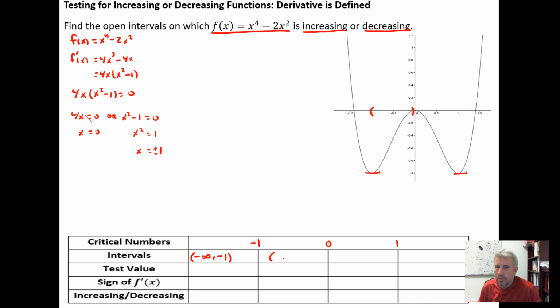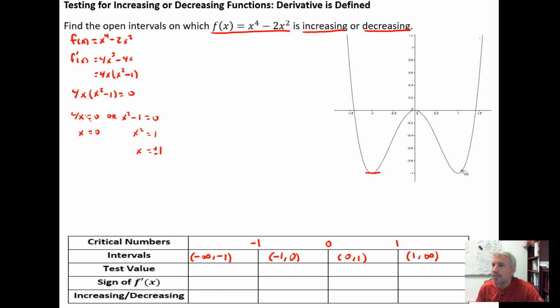So that creates the next open interval. We go from -1 to 0. And then we go from 0 to 1 between the next two critical numbers. And then once we get past the critical number of 1, the function f of x goes off to infinity. So the last open interval over which we're interested is the interval from 1 to infinity.